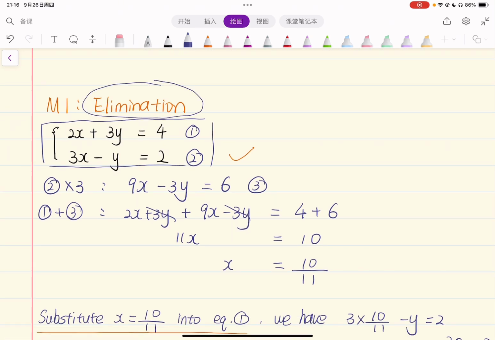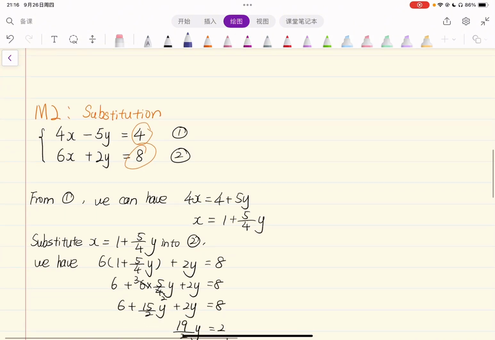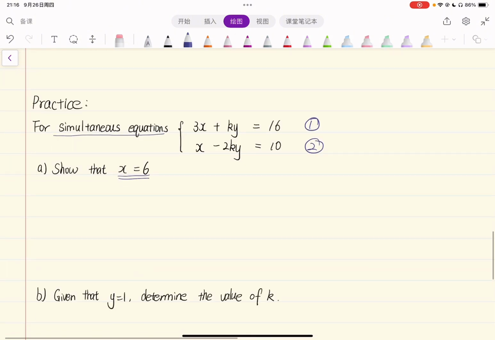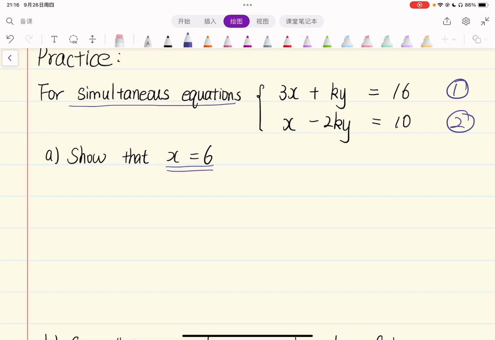We use this method to solve that. What we can do is let the first equation times 2. We have 6x plus 2ky equals 32. We label that as equation 3.